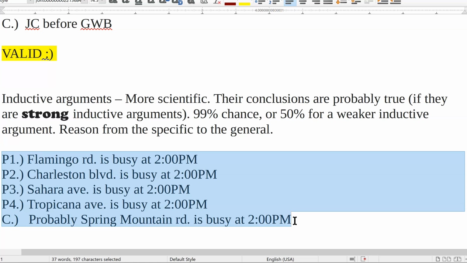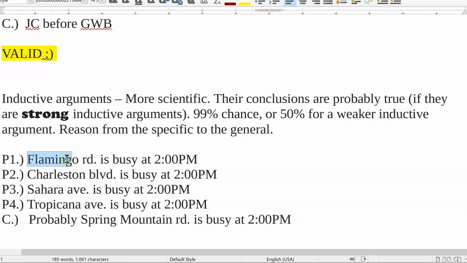this big, beautiful inductive argument. And we're going to keep working with this because it allows us to talk about a lot. So you've probably noticed I use roads here in Las Vegas, a bit more familiar to you. And I've stuck with 2 p.m. because whatever, it's 2 p.m. Everything's always busy in Vegas.